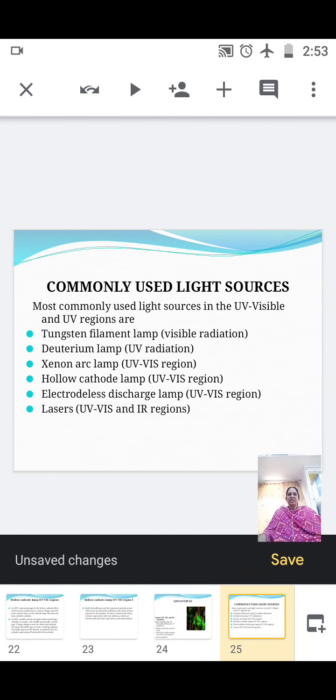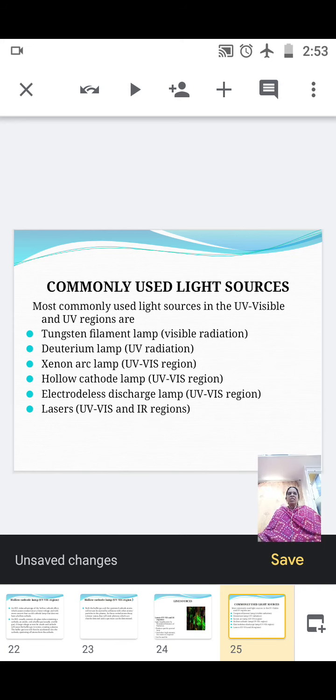They can be used in all three regions: ultraviolet, visible and IR regions. They are better than incandescent lamps because they are monochromatic in nature, directional, and coherent. These are the three factors which make lasers more in demand when compared to incandescent lamps.